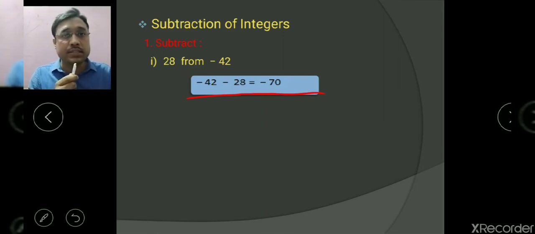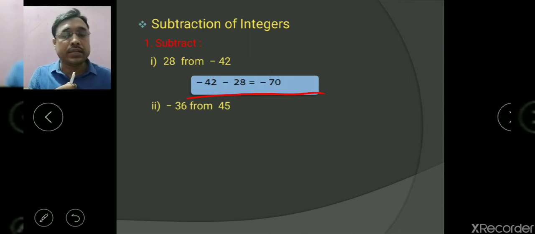Now both the numbers are negative, then add both the values and give that common sign here again. That number is minus 70. 42 plus 28 will give you minus 70. Both you will write the common sign there, because both the numbers are negative here.